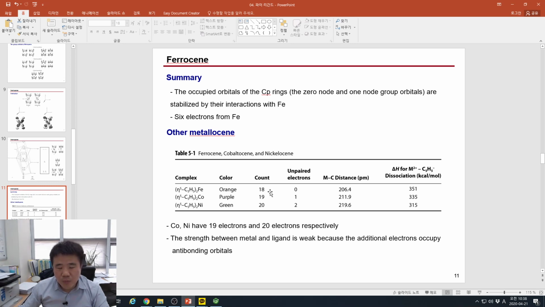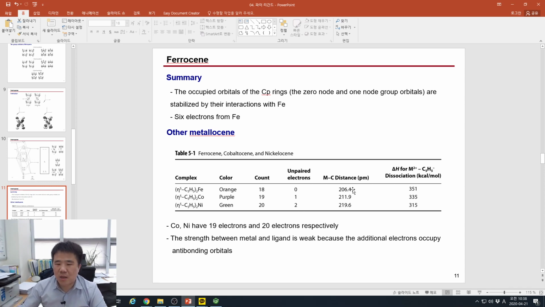Okay, so if you think about the other metallocenes, cobalt, nickel, the unique property is the color. Ferrocene is orangey, cobalt is purple, nickel is green. If you count the electrons, the unpaired electrons are 0, 1, 2.